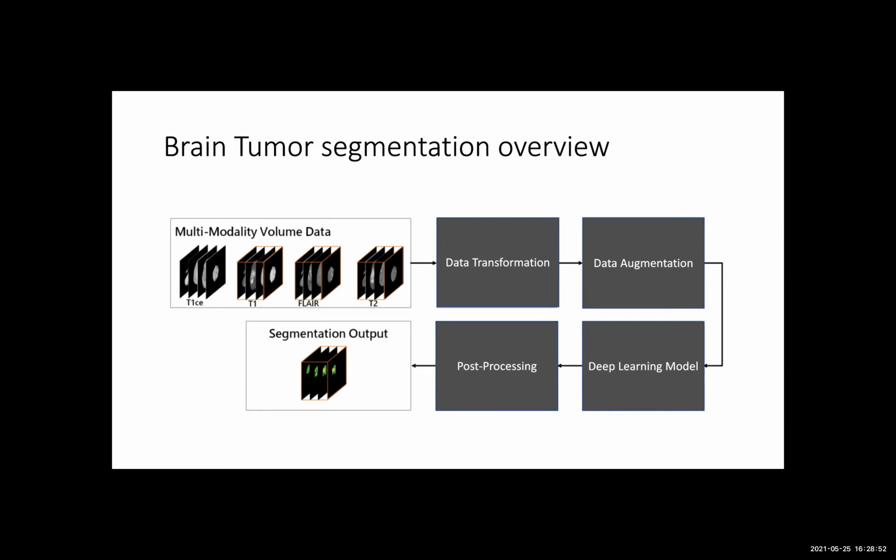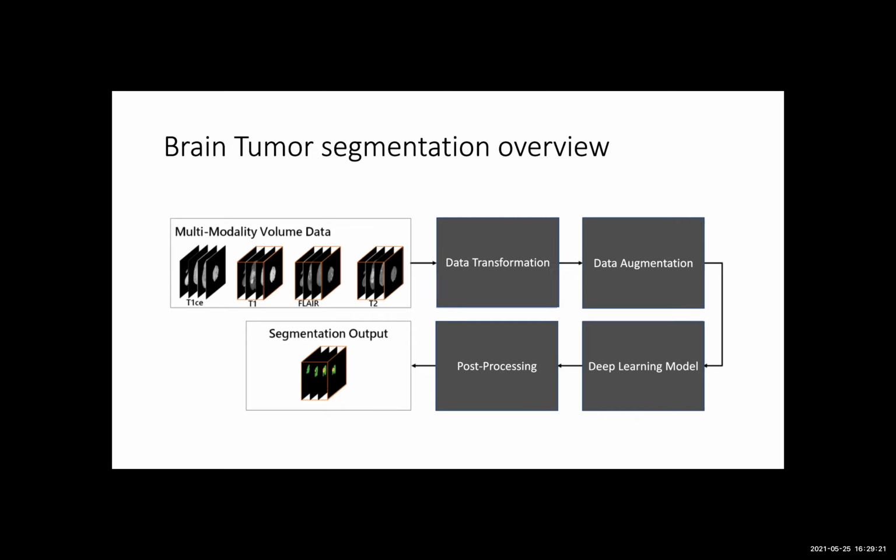Usually they crop the image, and then turn it into a tensor. Then they augment the data. They can flip it or scale it, and sometimes brightness and contrast adjustment can be applied to improve the segmentation of the model.